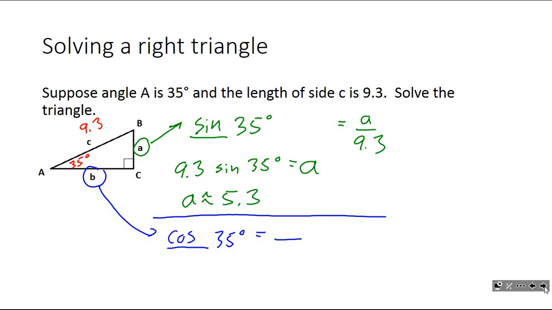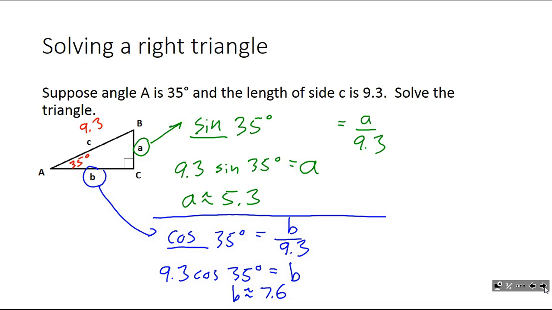So cosine of 35 equals the adjacent, which is B, over the hypotenuse, which is 9.3. And just like the last problem, we can multiply both sides by 9.3 in order to clear that fraction. Feeding that into a calculator in degree setting, rounding to 1 decimal place, would give us 7.6 for that side. And now we know all three sides.